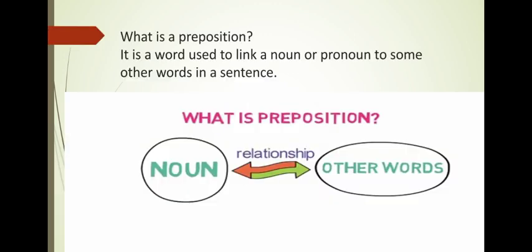What is a preposition? It is a word that is used to link a noun or pronoun to some other words in a sentence. It provides the relationship between the noun and other words in a sentence and makes the sentence complete.